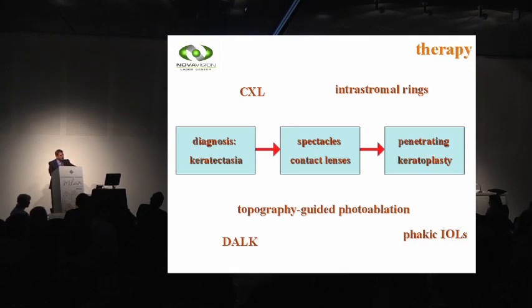But today we have many options. As you mentioned before, the cross-linking, intrastromal rings, topo-guided photoablation, bulk, and phakic IOLs. So today I think the combination of intrastromal rings with phakic IOLs can give us the option of refractive treatment in patients with keratoconus.